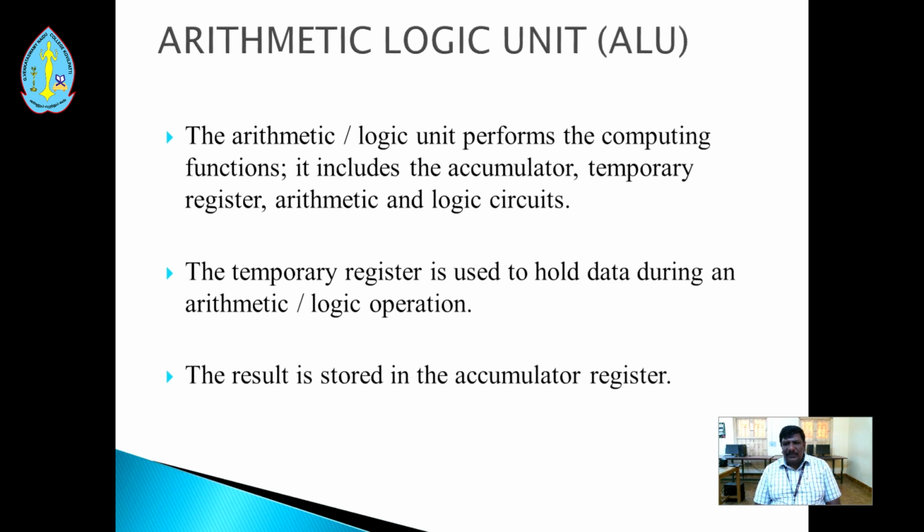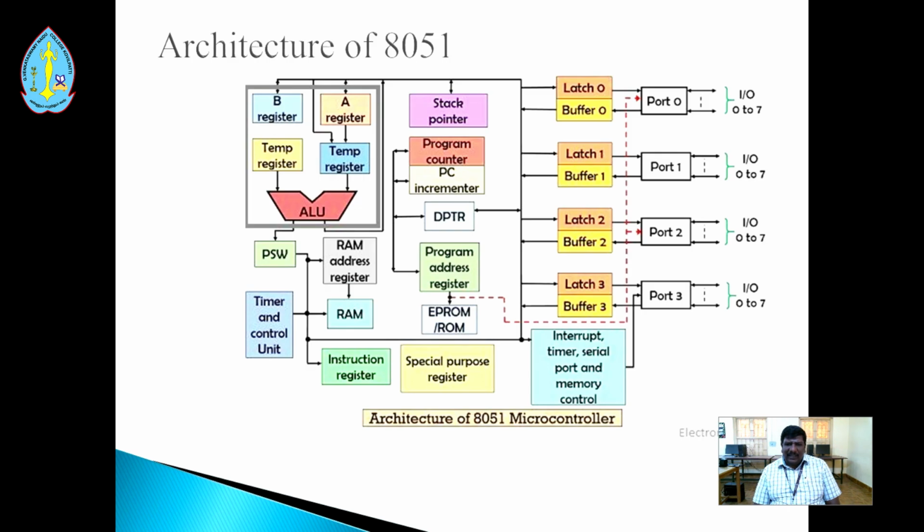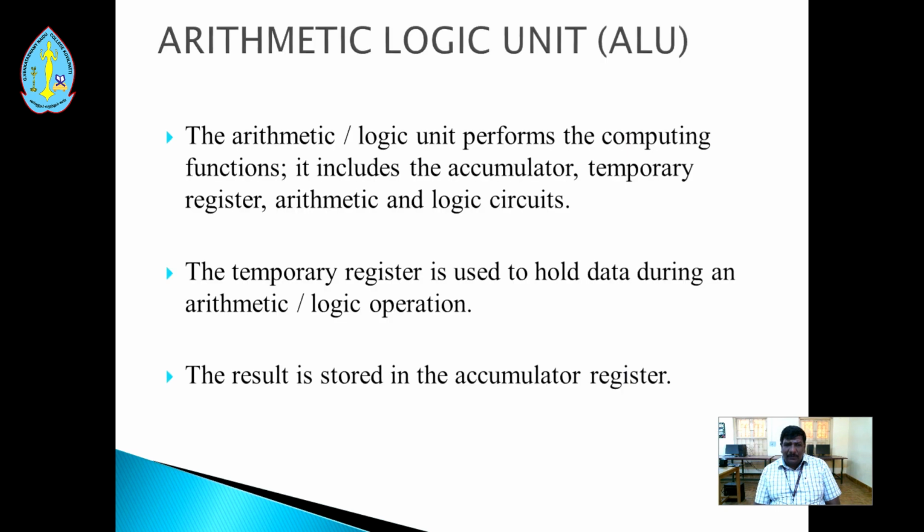It performs arithmetic and logical functions, and includes the accumulator and temporary register. The temporary register holds the data temporarily during arithmetic and logic operations. The result is stored in the accumulator register.